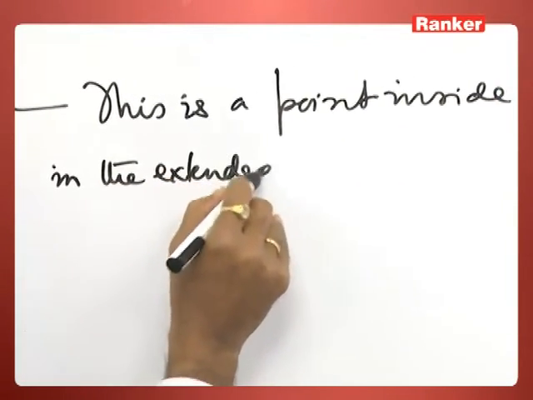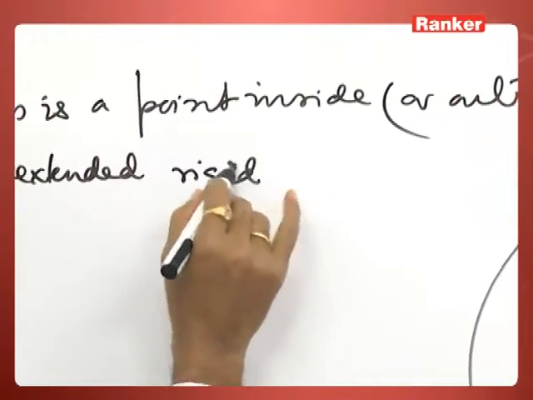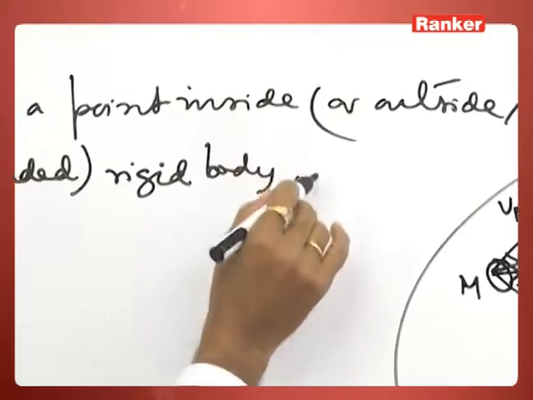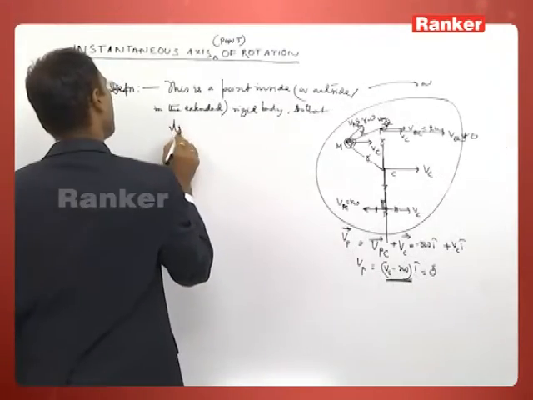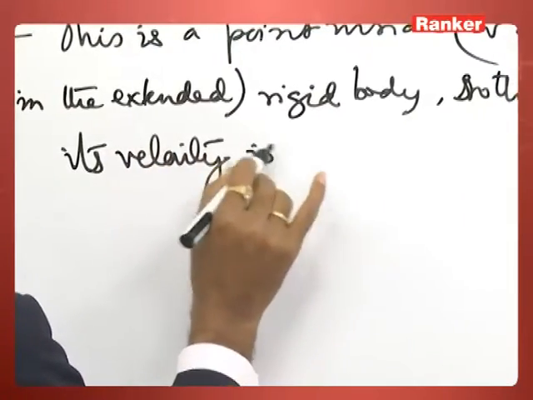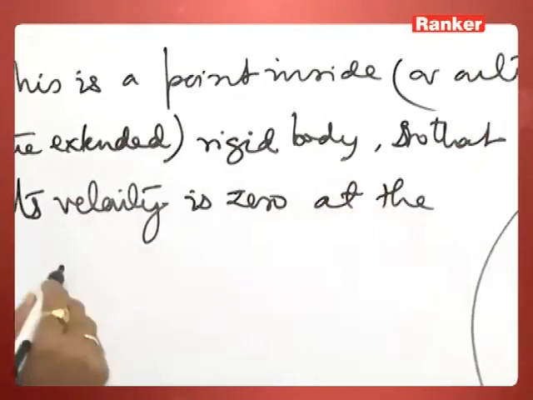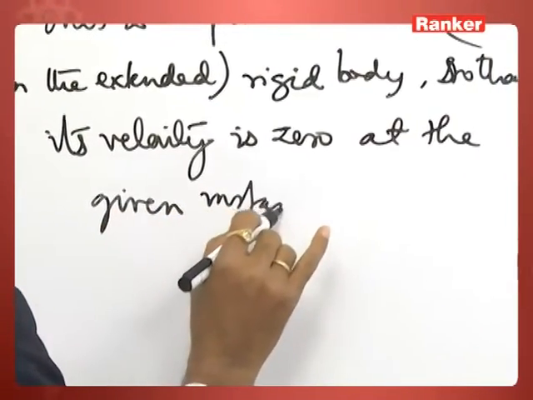You can mentally extend the rigid body, so that its velocity is 0 at the given instant.